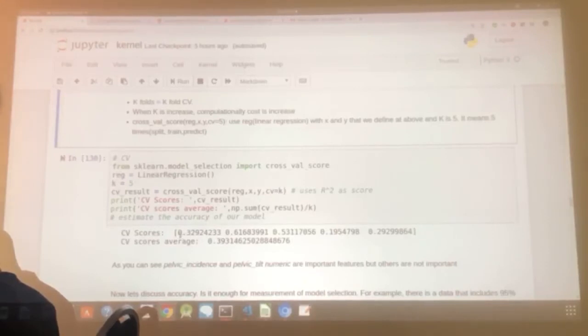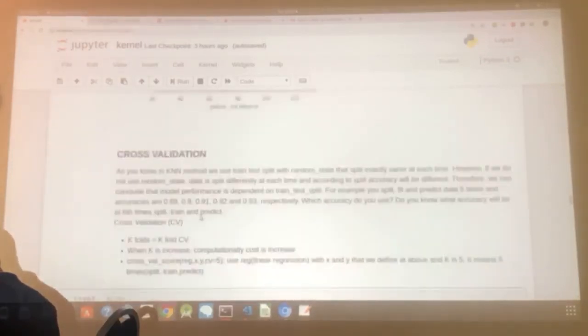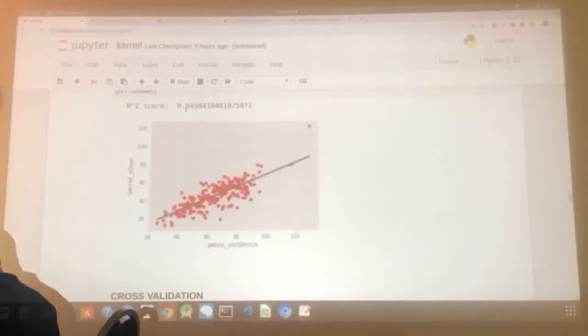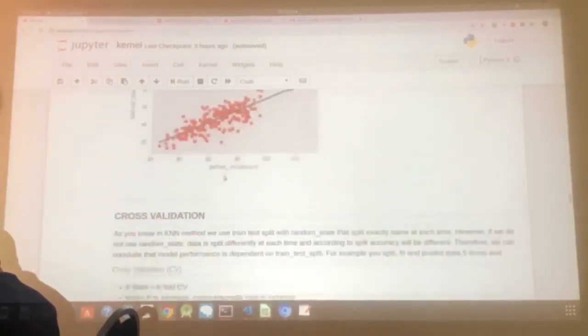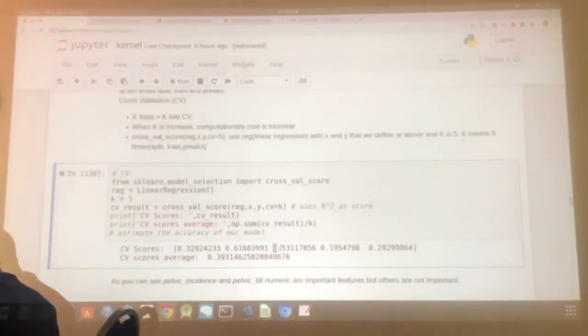We first did it and got 0.3, and we did it again, we got 0.61, or 0.64, I don't know what point it was. And we did it again, we got 0.5, and it was worse.